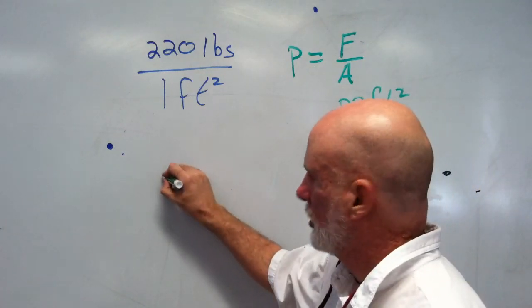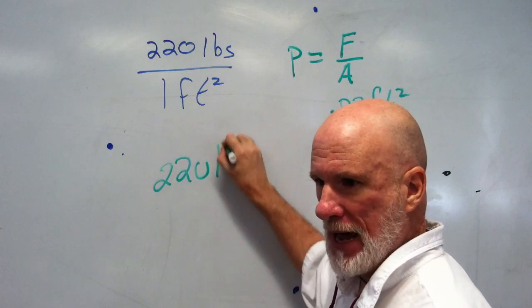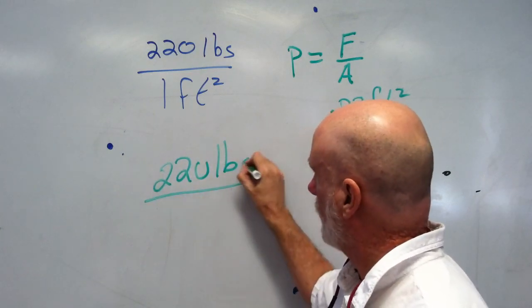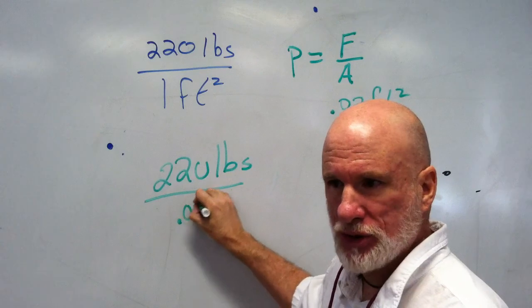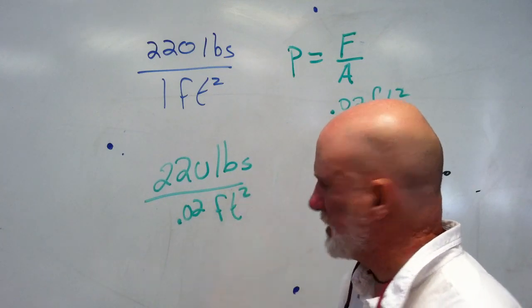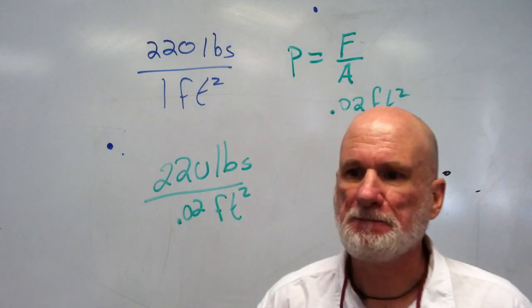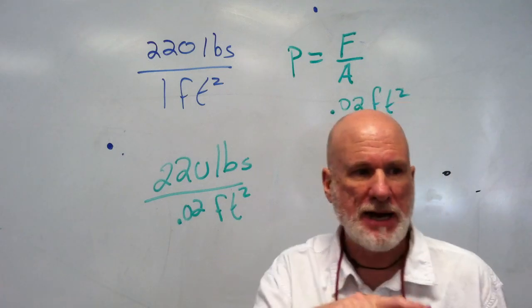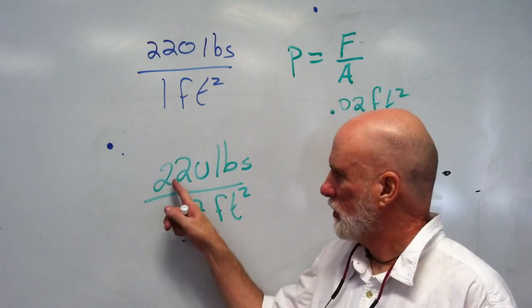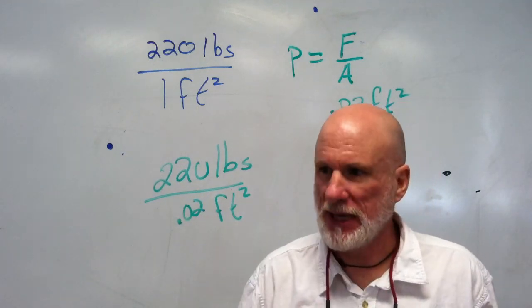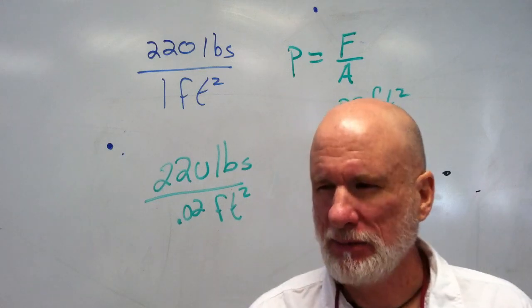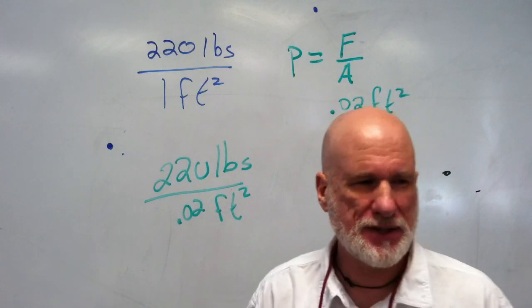Okay. So, 220 pounds over 0.02 square feet. What does that equal? Mental math: 22 over 0.02. Around 11,000? Yes.